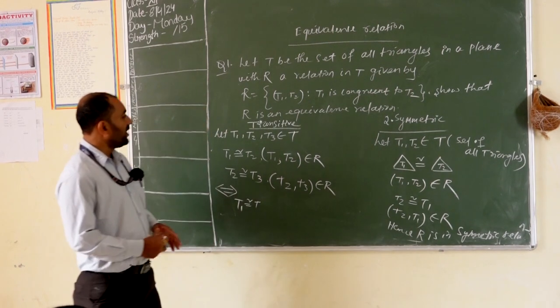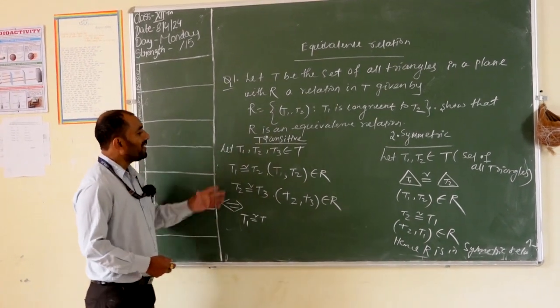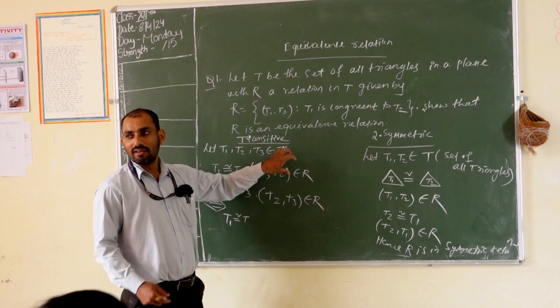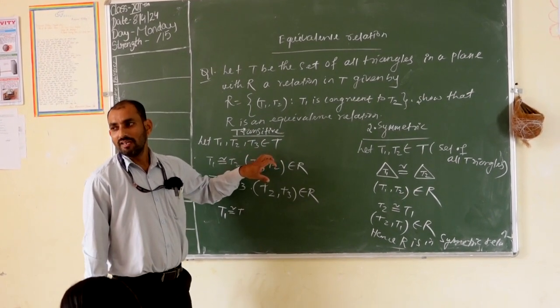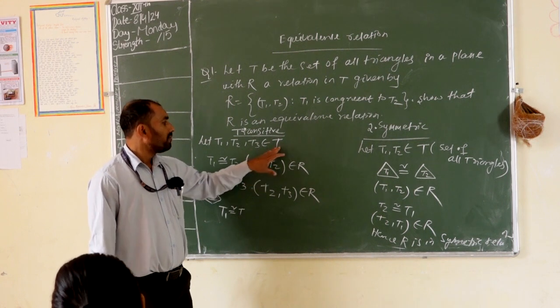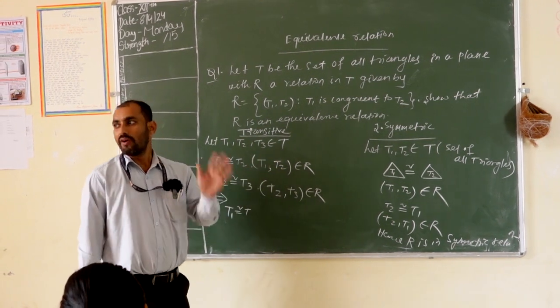Then we come to transitive. We can take any three triangles here, T1, T2, let it be T3, belonging to T, where T is the set of all triangles.